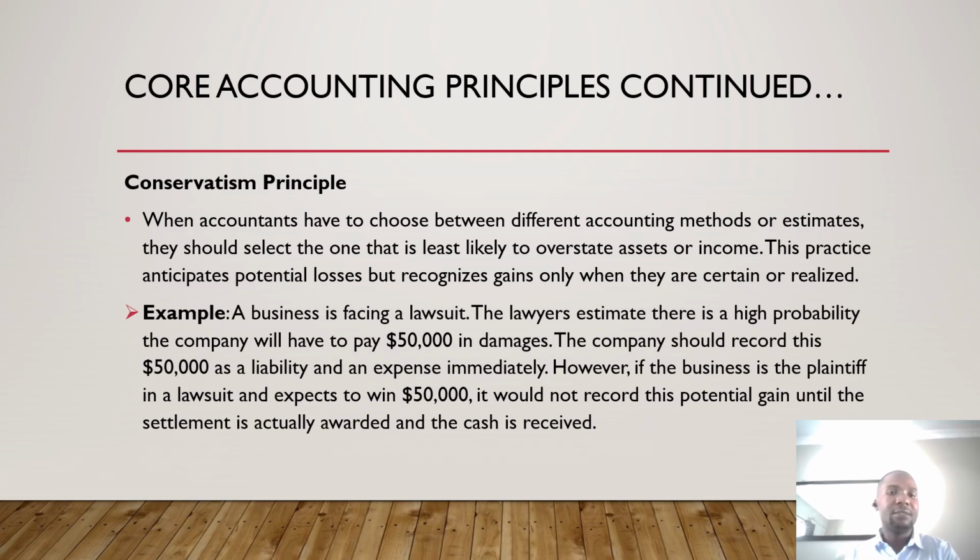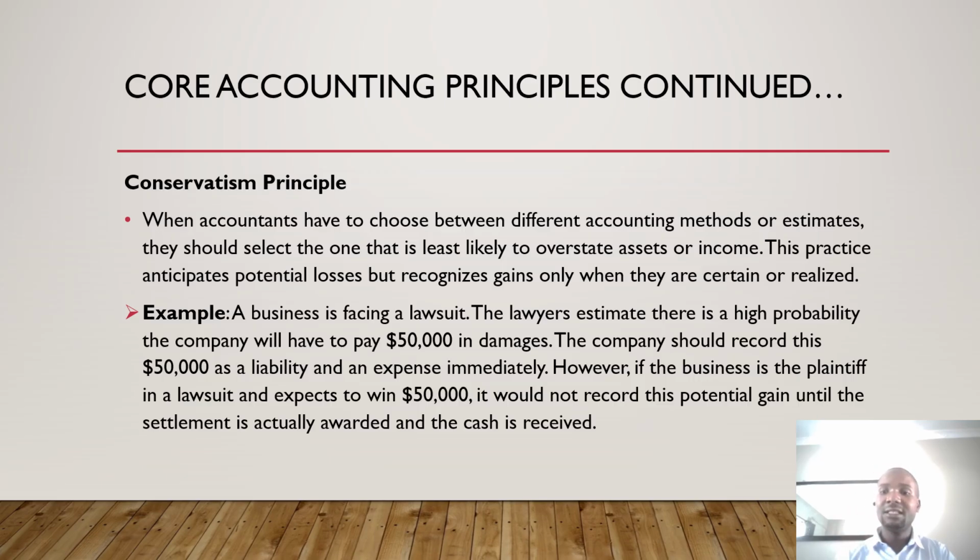So for example, a business is facing a lawsuit. The lawyers estimate that there is high probability the company will have to pay 50,000 in damages. So the company should record this as a liability and as an expense immediately.